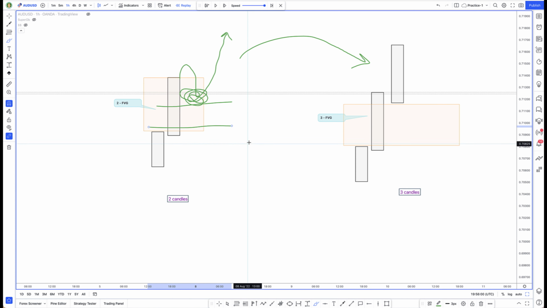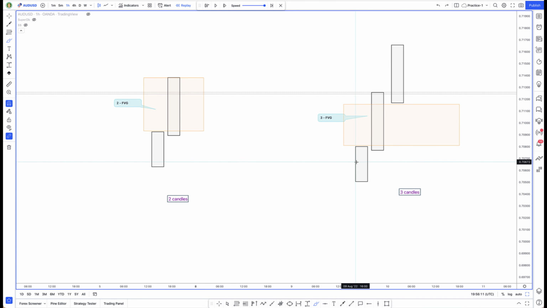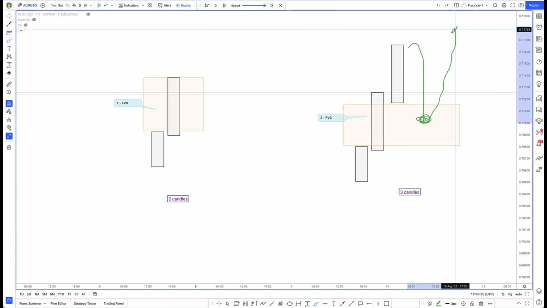And your anticipation is to catch this leg of the trade when you're trading a 2 candle fair value gap. In a 3 candle fair value gap, since this gap area is already given to us, our anticipation is that price is now going to come down, form a rejection here, and then continue in the direction of the 3 candle fair value gap.